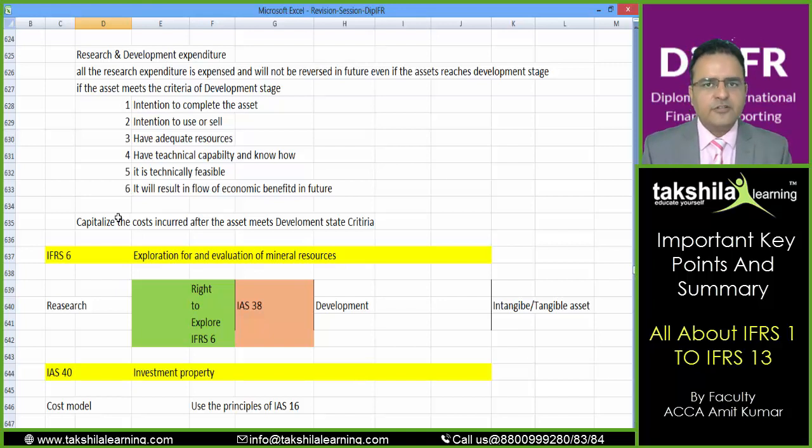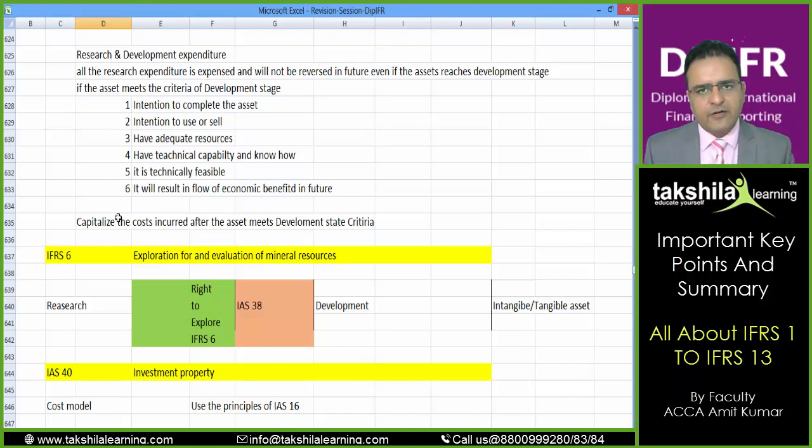But in case of exploration for and evaluation of mineral resources, the mineral industry wanted that the moment they get the right to explore, they should be eligible to capitalize. Though there is no indication of how much of the resources will be available, the moment they get the right to explore, they should be allowed to capitalize any expenditure they are incurring after they get the right to explore.